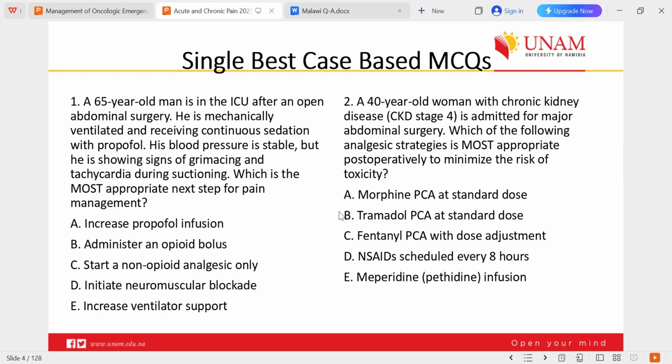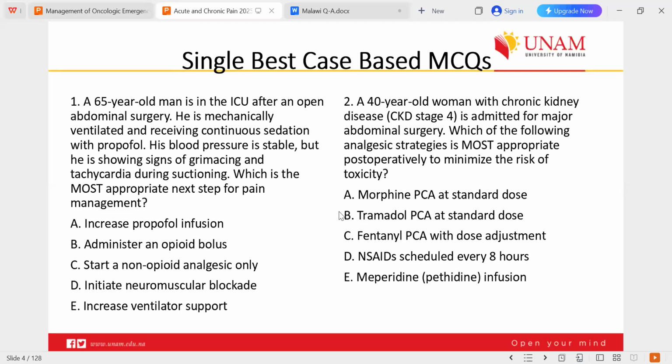His blood pressure is stable, but he's showing signs of grimacing and tachycardia during suctioning. All right, so which is the most appropriate next step for pain management in this patient? Anyone? B. B is correct. Okay. I hope we all agree with that.